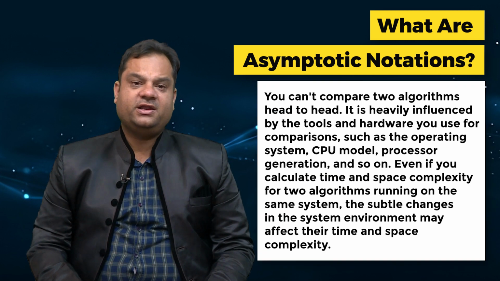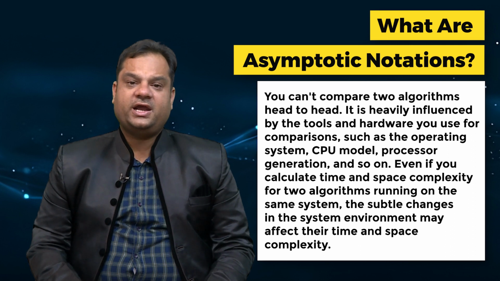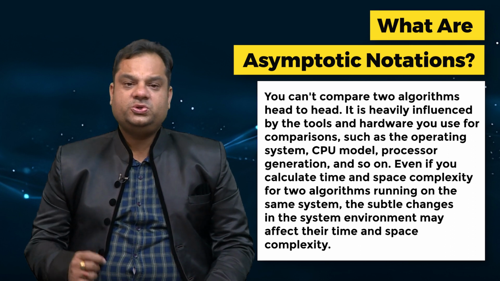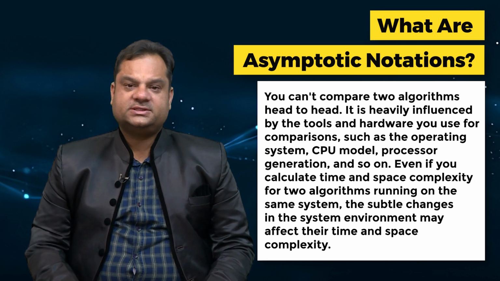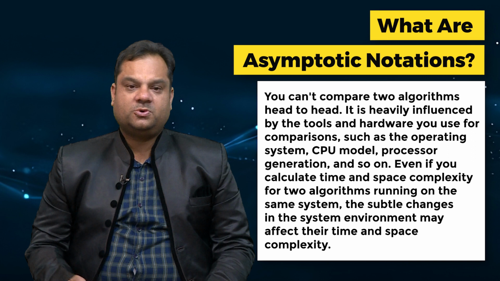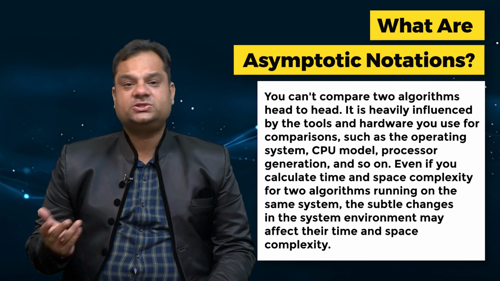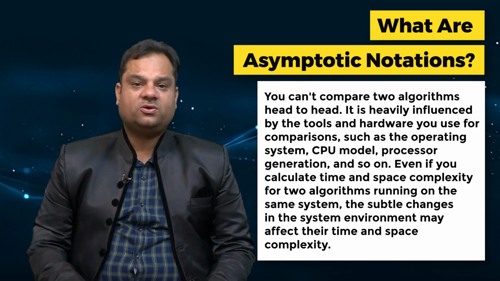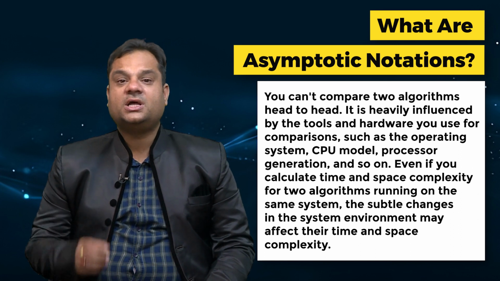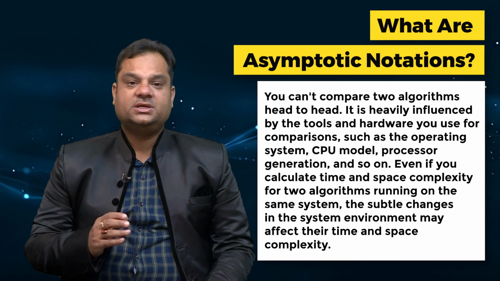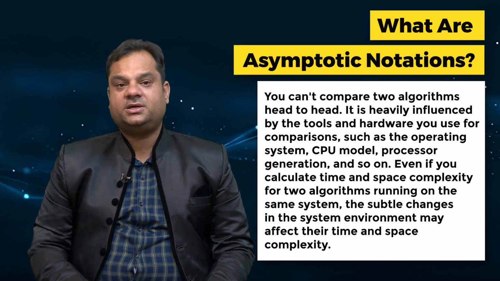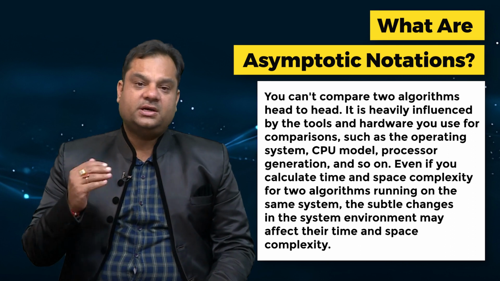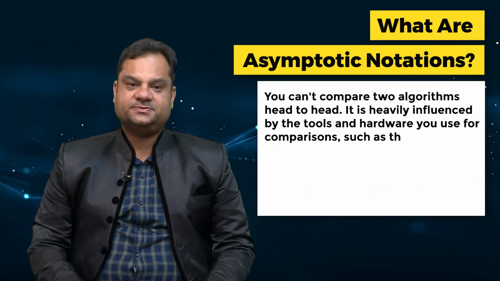It is heavily influenced by the tools and hardware you use for the comparison, such as the operating system, CPU model, processor generations, and so on. Even if you calculate time and space complexity for two algorithms running on the same system, these subtle changes in the system environment may affect their time and space complexity.